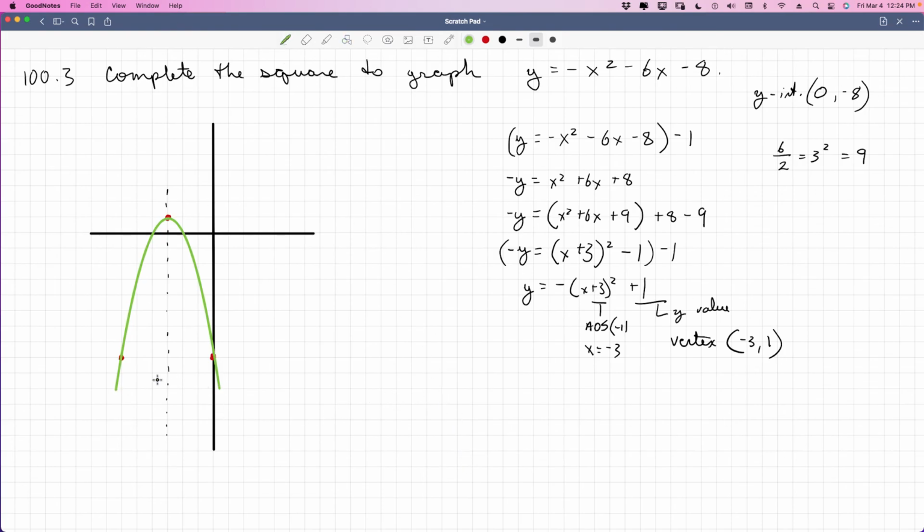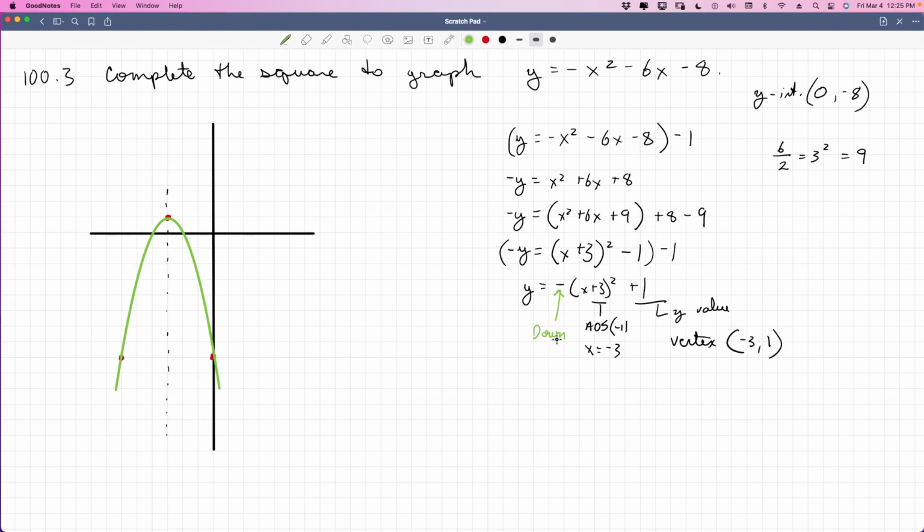All right, so I've hit all 3 points. These on the end are equidistant from the axis of symmetry, so that looks like a good parabola. And again, I didn't mention it, but this would open down because it is negative, which once you get your vertex and your y-intercept, it's pretty obvious the direction that it opens.